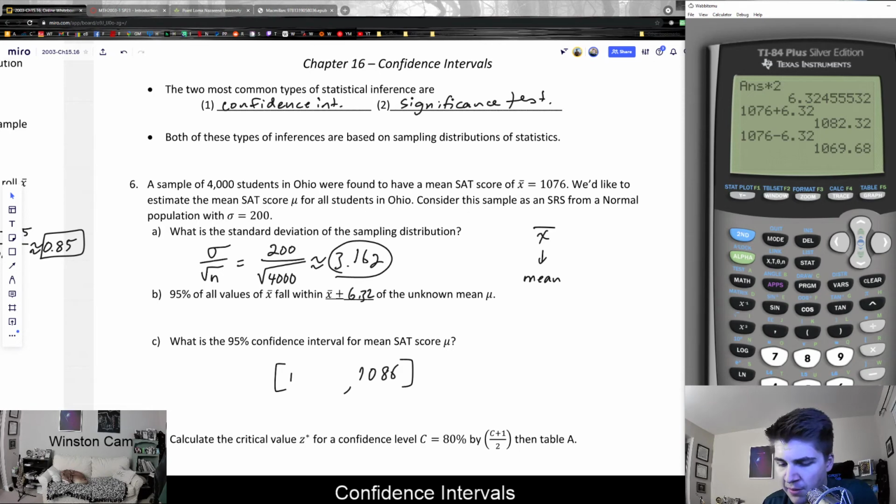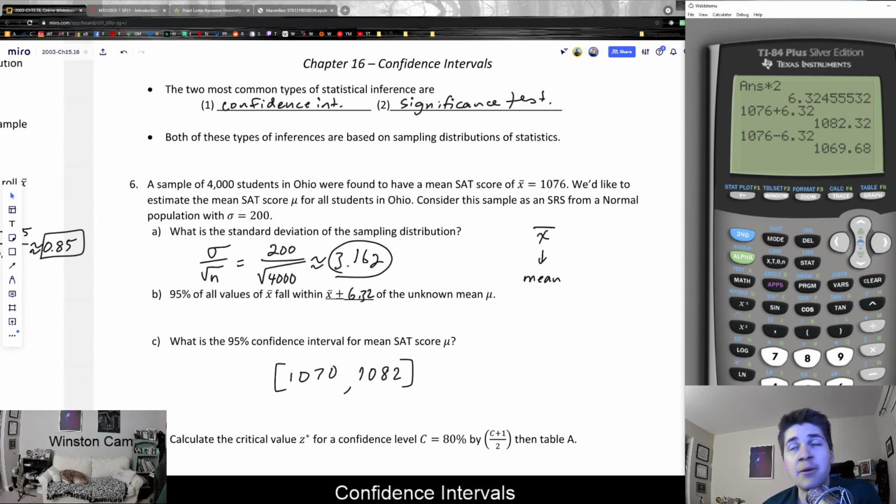You might want to round them both outward to actually include 95% of the data, because rounding this to 1070 cuts off a little bit. But at the end of the day, I wouldn't sweat it. You could write it with more decimal accuracy if you want. And I know I miswrote this; it would be 1082. I should not record these videos when I'm so tired, but that's okay.